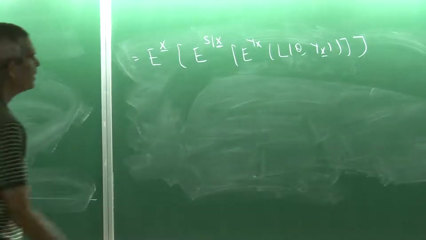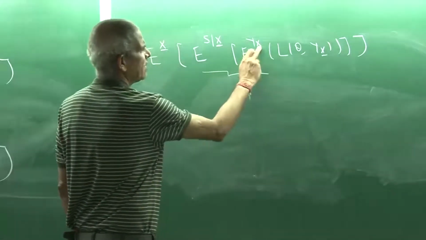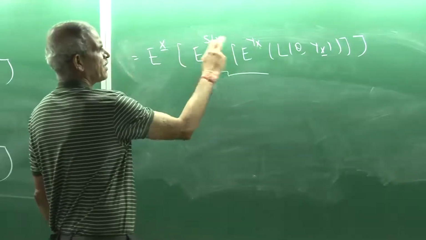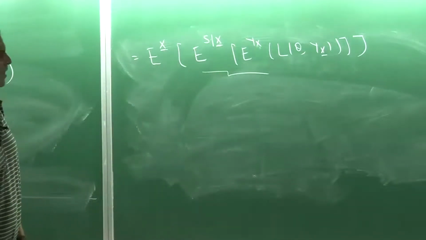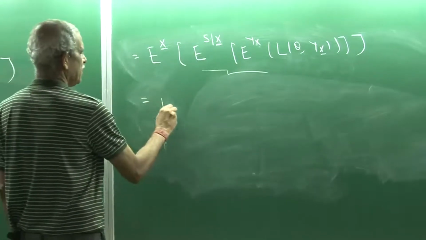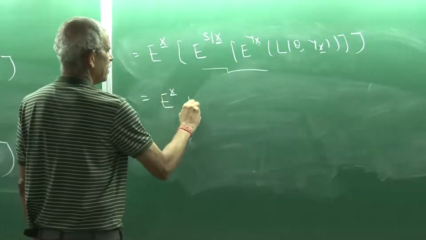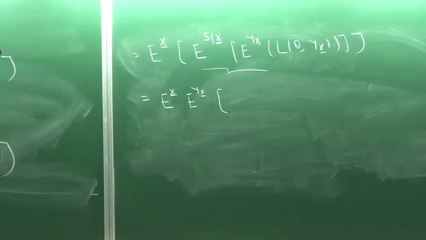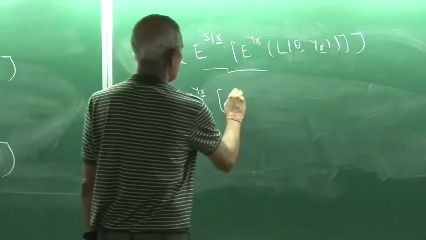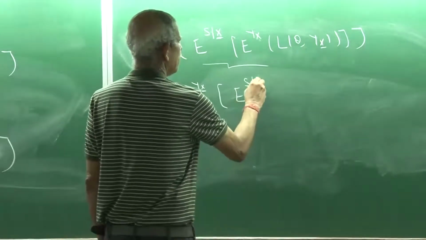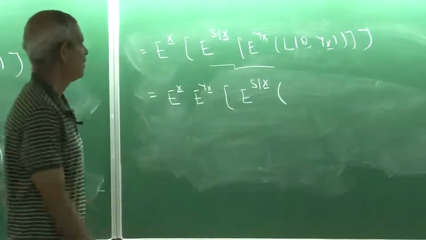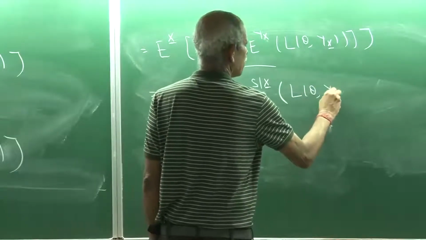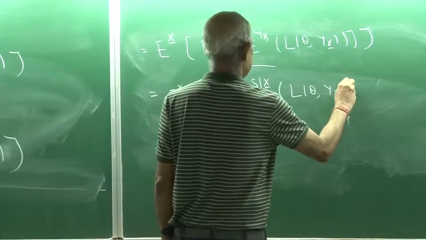Now note that over here, X is fixed and S given X is fixed, so I can interchange because this expectation does not depend on that expectation. So I can write this as E of X, E of Yx, and then E of S given X of L theta Yx.